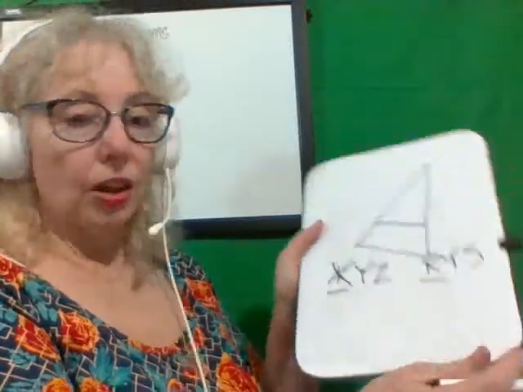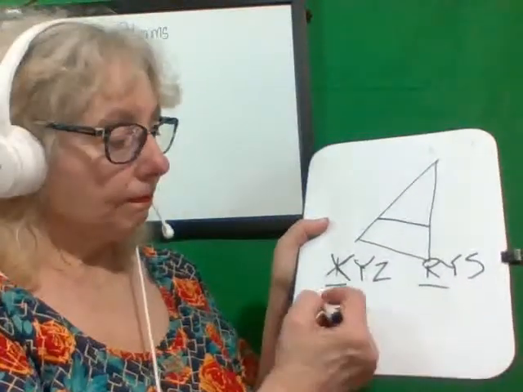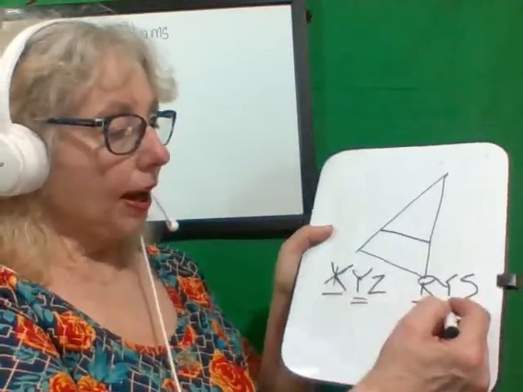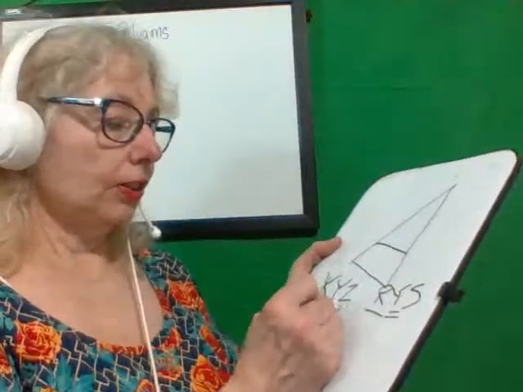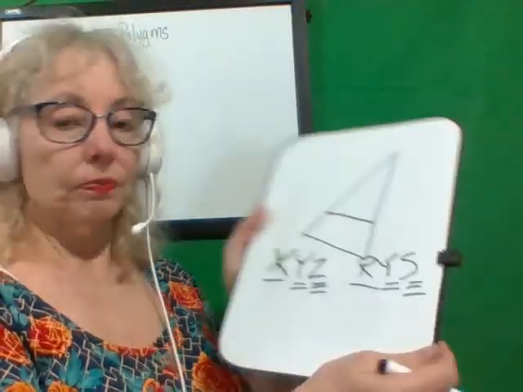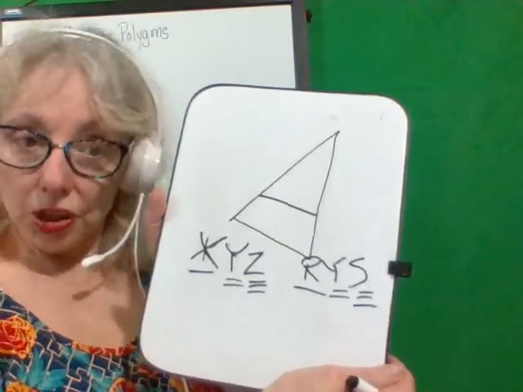I'm sorry, that's an X, can't read, X, Y, Z, and R, Y, S. So X goes with R, Y goes with Y, and Z goes with S. Makes it much easier to do. Once you've done that, then you can go back and actually put your marks on them.